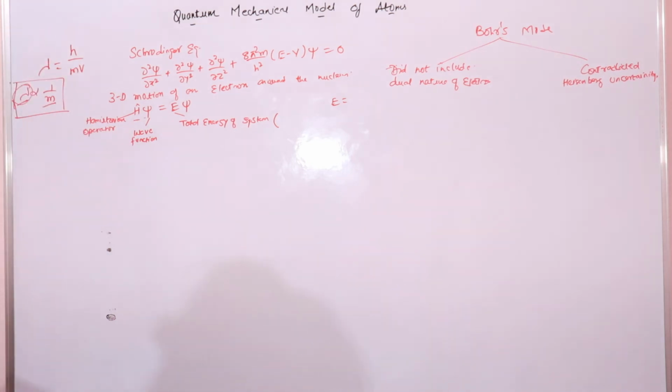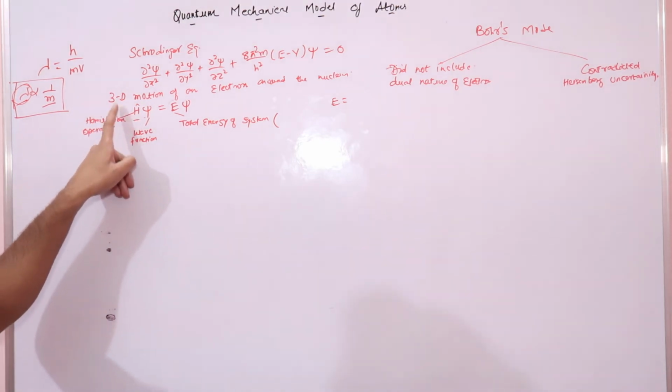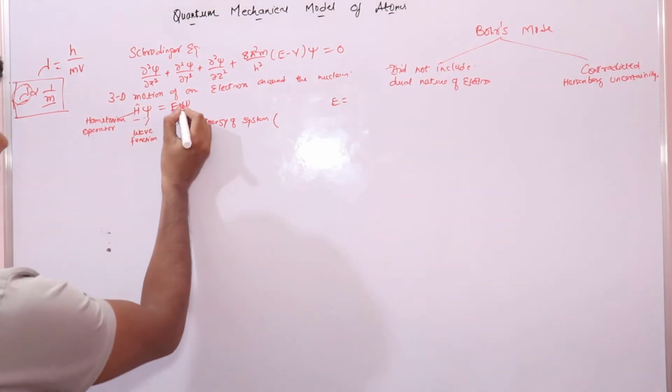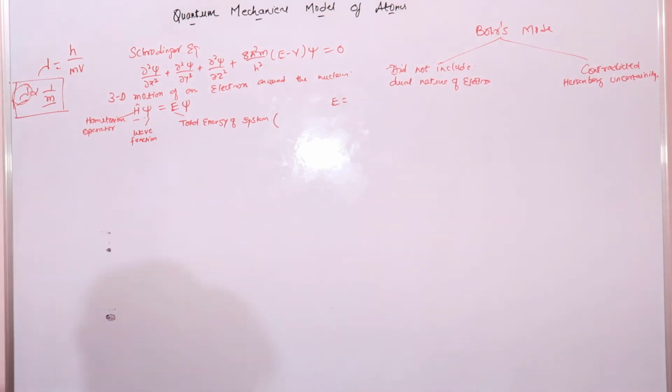This is important. This is the basic Schrodinger equation. The Hamiltonian operator is constructed from the expression for the total energy of the system, like we have already discussed.